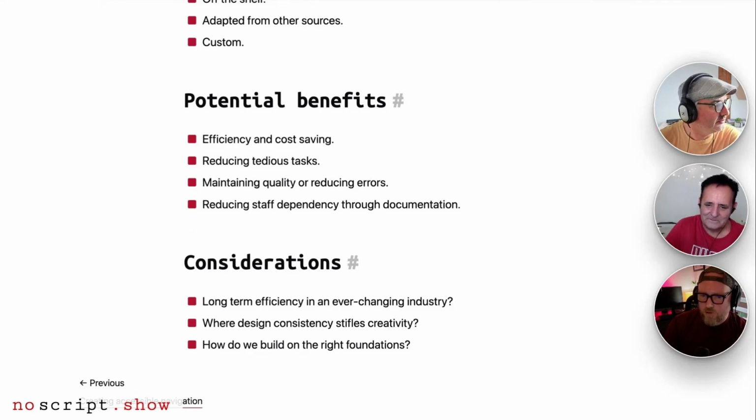So David, your approach is much more resilient to point number one, long-term efficiency in an ever-changing industry, where you are going as deep as the HTML code and the ARIA. So when this comes back to the whole lifespan of a design system, most of the systems I'm using, should all page builders suddenly disappear, at least I can take some of the thinking and then apply it to HTML.